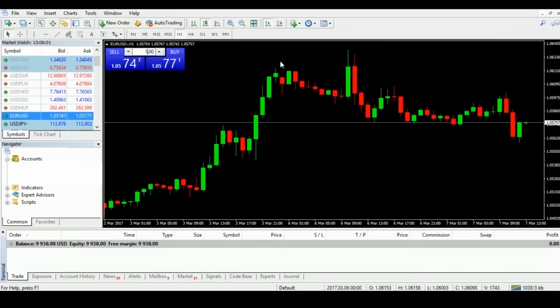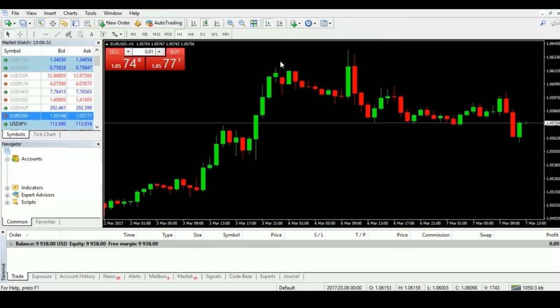Now, when you change your lot size when you are trading, if you are trading 1.0, then that means you are moving by $1 a point. Then 0.1 is 10 cents a point. 0.01 is 1 cent a point. Now we'll teach you which one will work best on your account based on what size your account is when we deal with risk management.